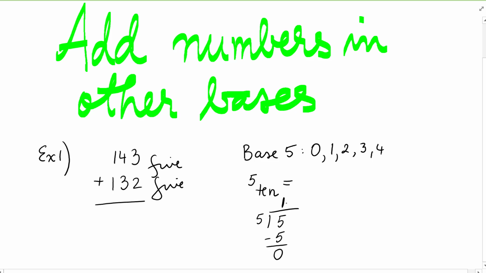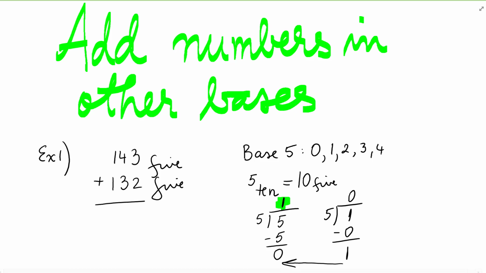Now if we take this quotient 1 and divide it by 5, 5 in 1 goes 0 times. 0 times 5 is 0. We subtract and we get remainder 1. If we read these remainders from right to left, it gives us 1, 0 in base 5. So 5 in base 10 is equal to 1, 0 in base 5.